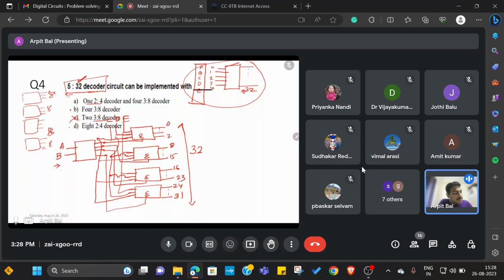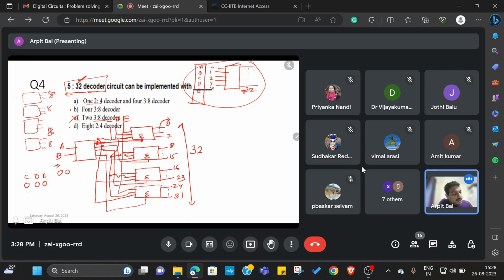Let's say AB is 0 0. What will happen is, this line will be high, and if this line is high, this particular decoder will be selected. Then we look at the lower 3 bits, that is C, D, E. Let's say C is 0, D is 0, E is also 0. Then this 0th line will be selected.